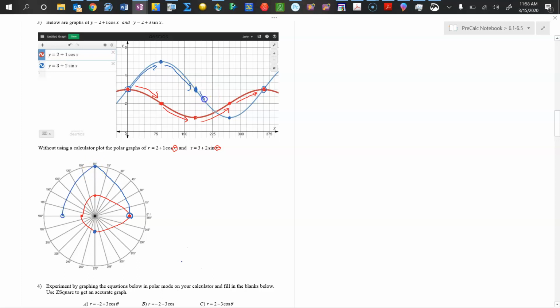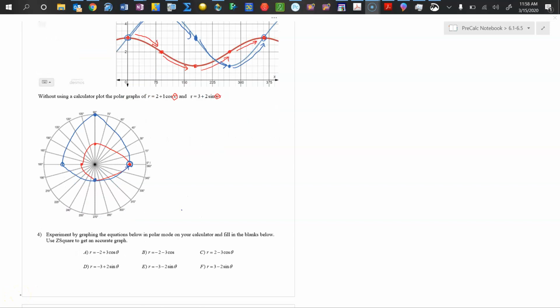Between 180 and 270 degrees, r is decreasing again. And between 270 and 360, r is increasing again. And again, you will see a graph that looks similar to the cardioids, except they don't have points on the poles. These are called limacons.